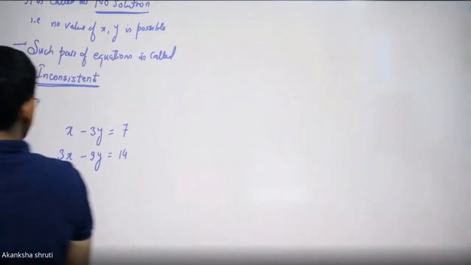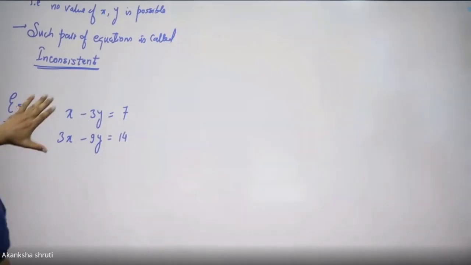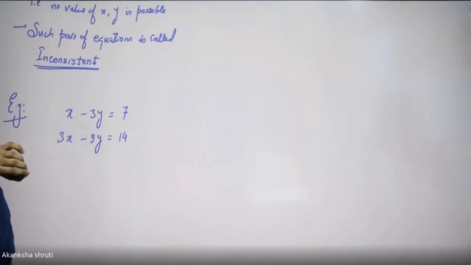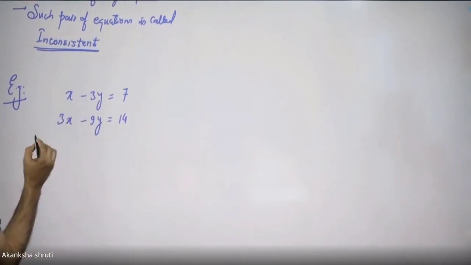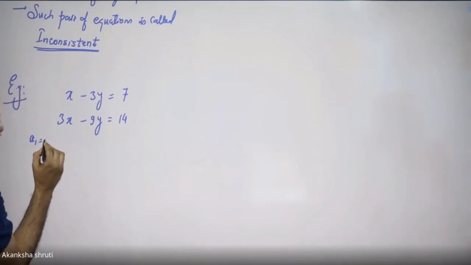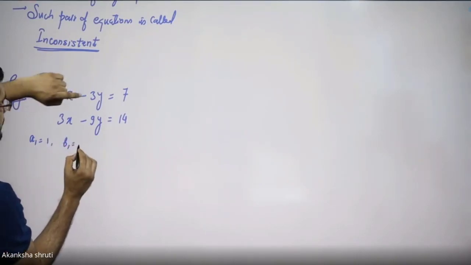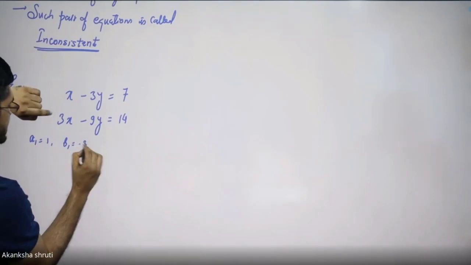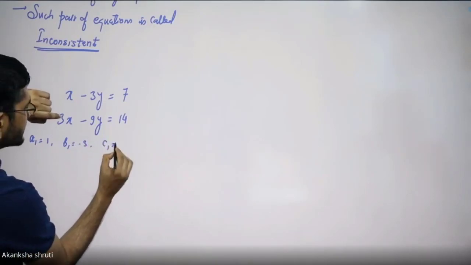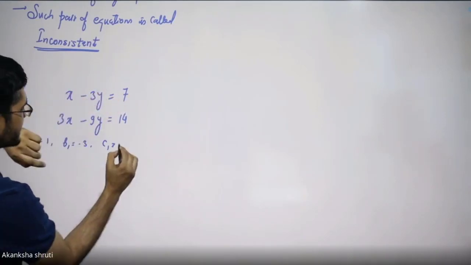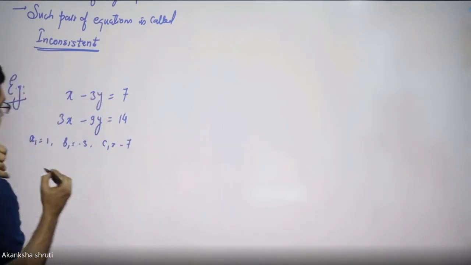For that, the condition is to compare their coefficients; you will observe a certain relation. What is the relation? Here A1, the coefficient of x, is 1, B1, the coefficient of y, is -3, and C1, the constant term, bringing the 7 to the left-hand side, becomes -7.